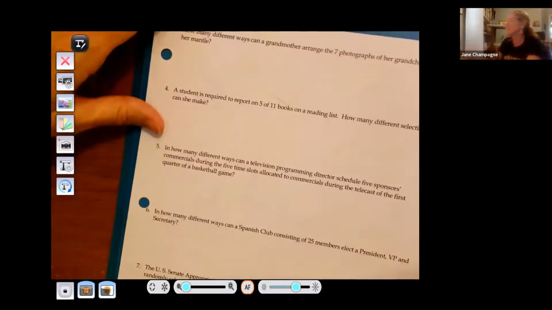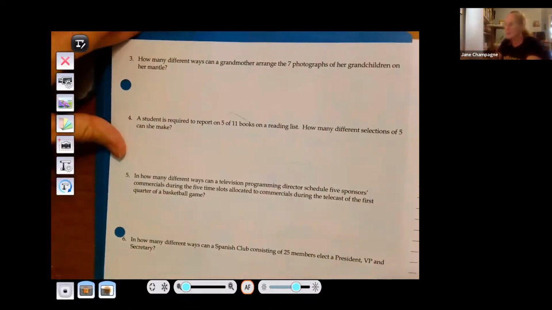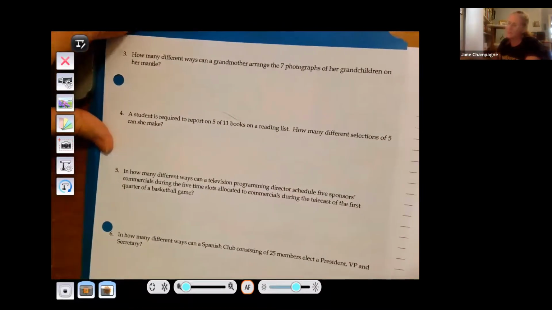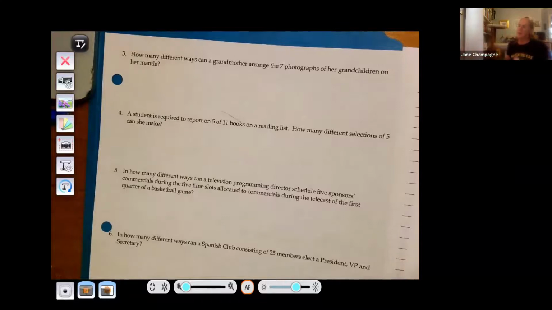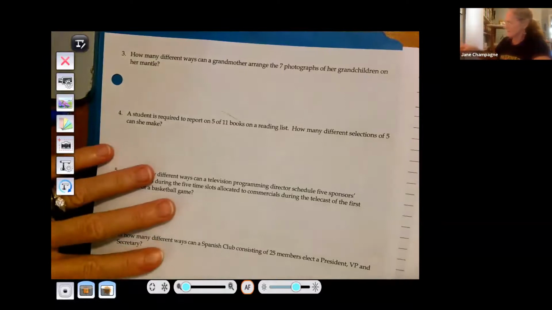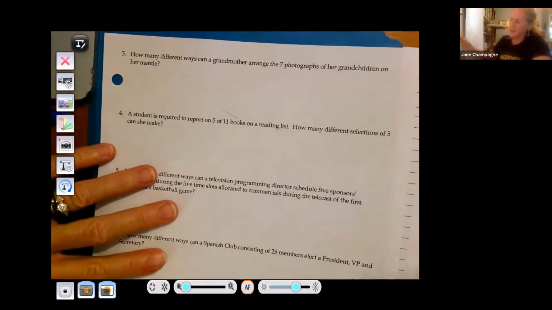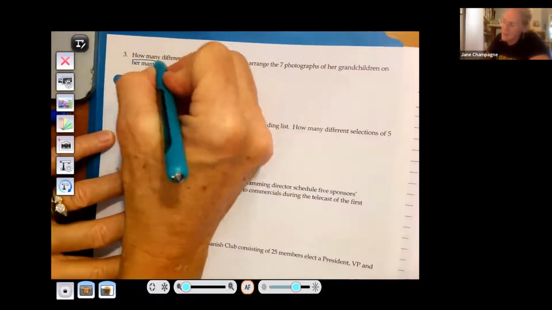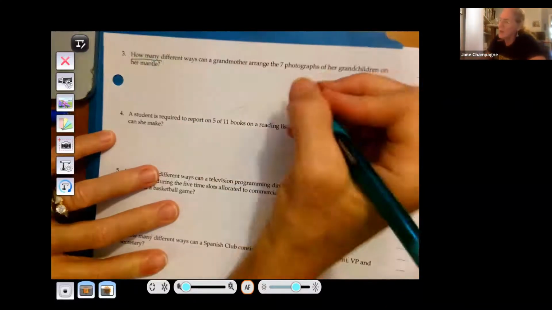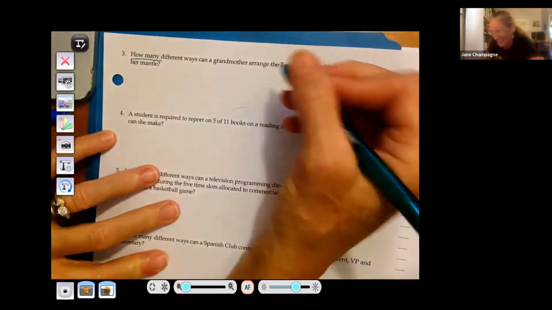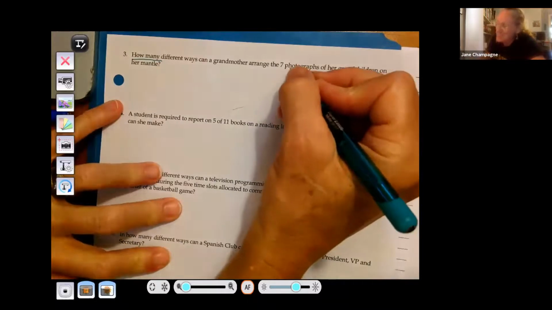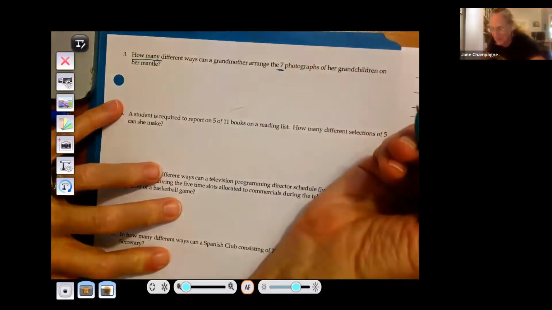How many different ways can a grandmother arrange the 7 photographs of her grandchildren on her mantle? All right, so it's a how many question. We don't care about grandmother. It's 7 photographs, that's important.